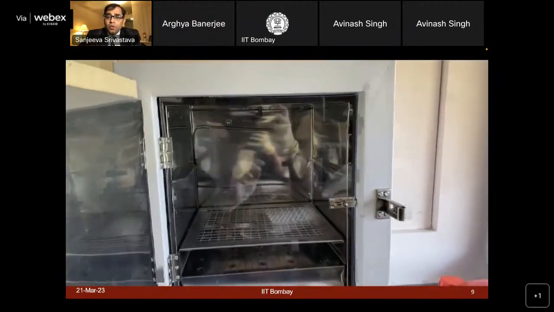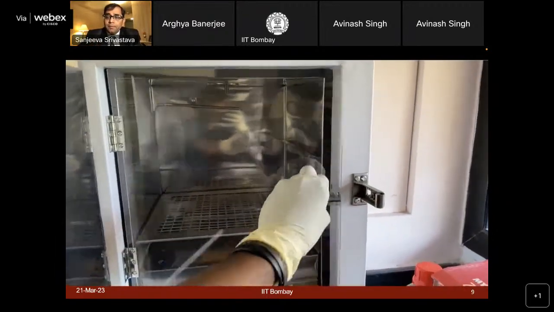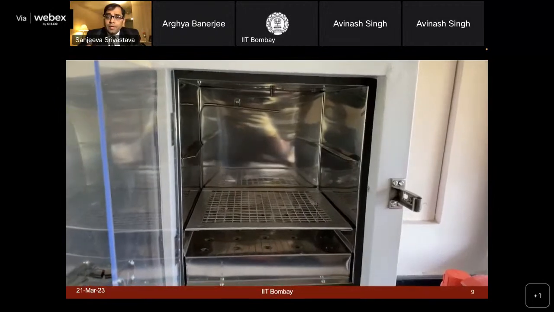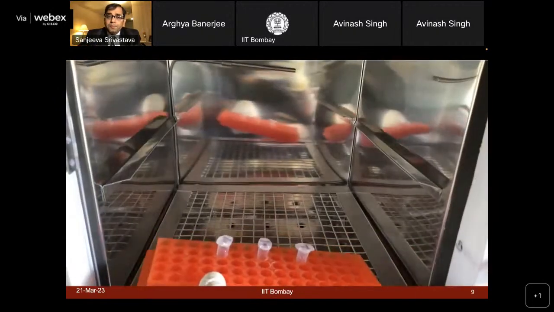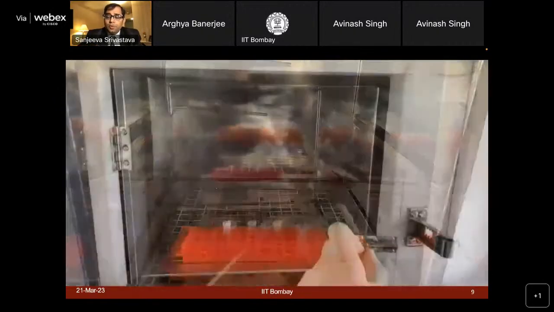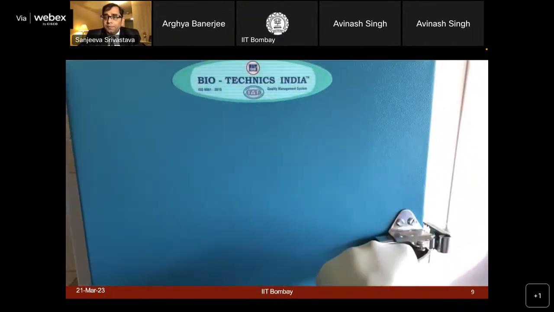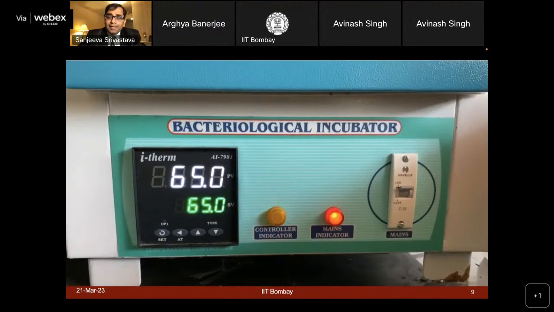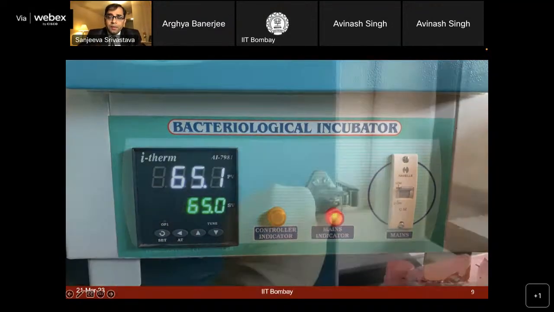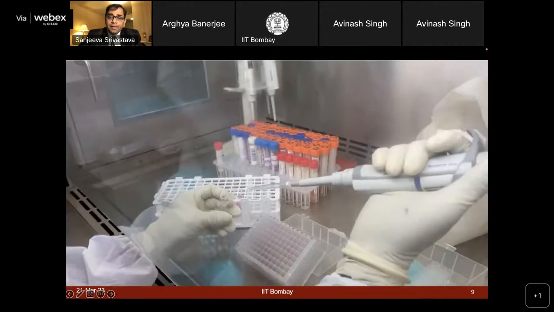We incubate for a few hours with these organic solvents and precipitate the protein out. Then we dissolve that protein pellet into our lysis buffer, followed by digestion of the peptides. This was the workflow which we followed in this sample preparation.